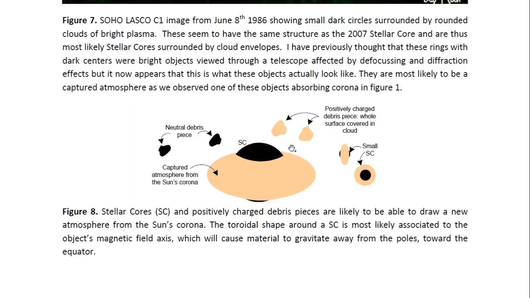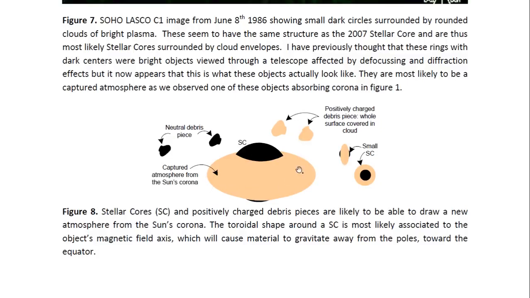This would be the stellar core, and it's the atmosphere that it gained that becomes this toroidal-shaped cloud. Smaller ones would have these as well. And positively charged debris will attract corona as well, but it will most likely be completely covered in it.